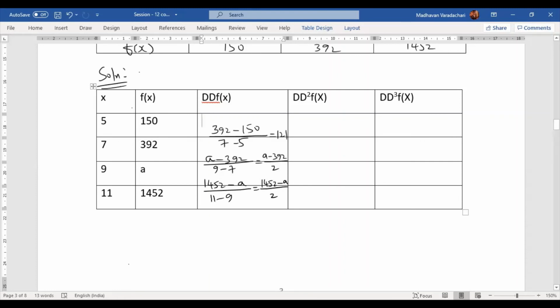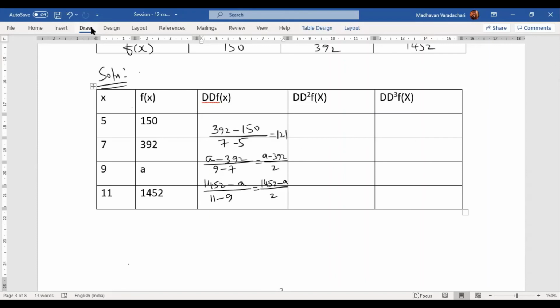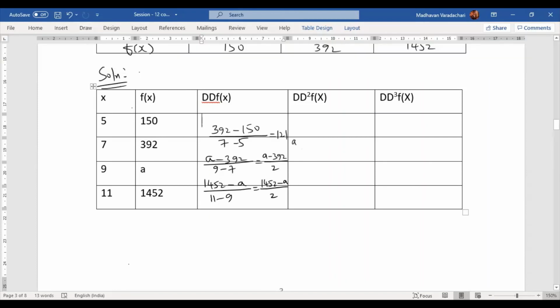Now, in between, I need to write this. What will that be? It will be A minus 392 divided by 2, minus 121, divided by 9 minus 5.